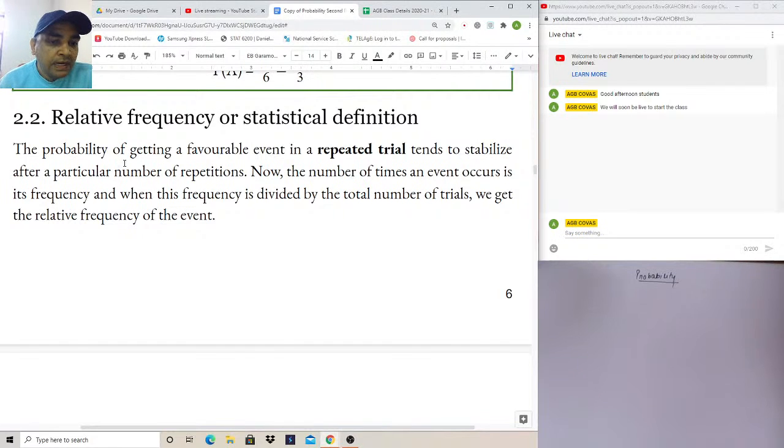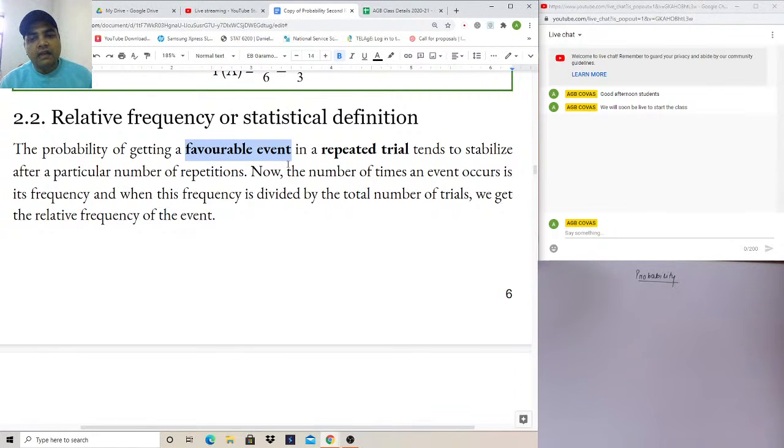The probability of getting a favorable event: if we state that this is our favorable event and we repeat that statistical trial, then the probability of that favorable event tends to stabilize as the number of repetitions increases.